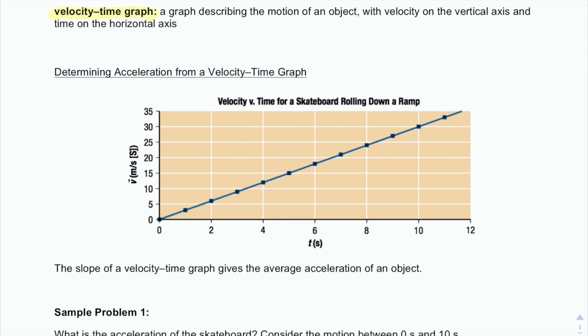What mathematicians like to do when they see a graph of a straight line is to find the slope of the line. So we're going to find the slope of this graph, and we'll use 2 points. One at t1 equals 0 and t2 equals 10. We're going to have to take a look at the velocity at t1 and the velocity at t2.